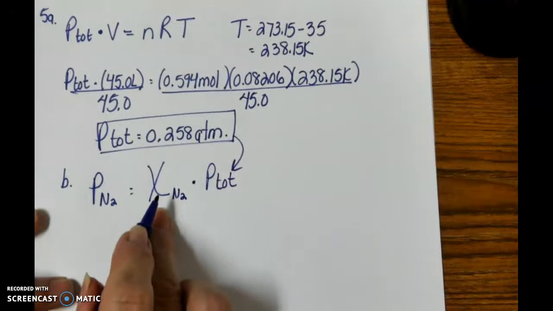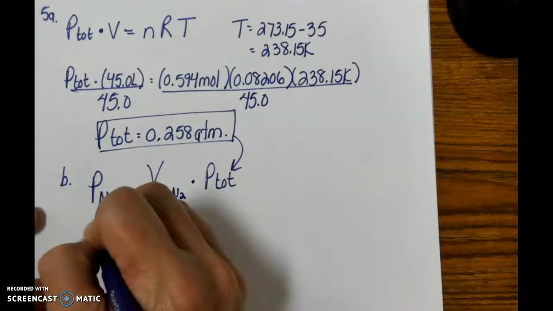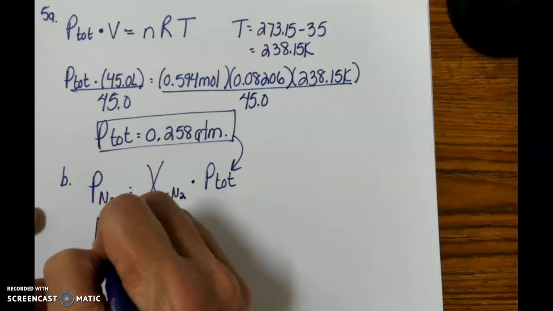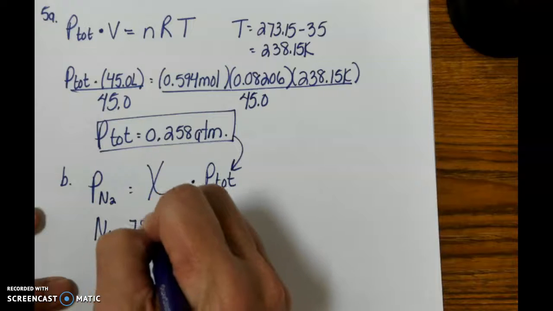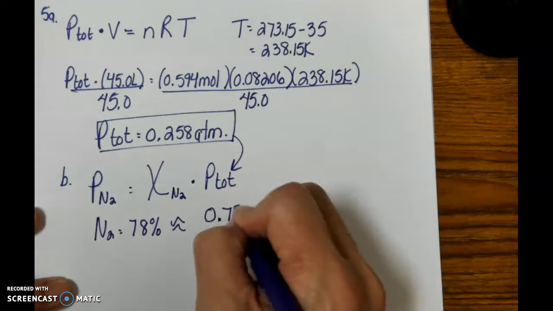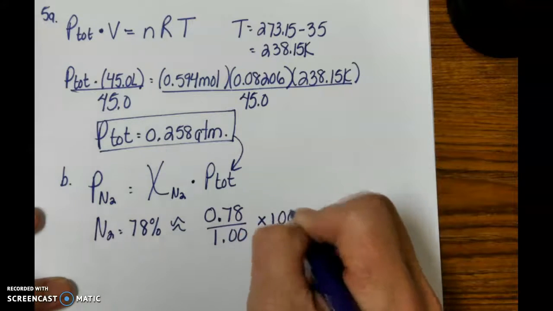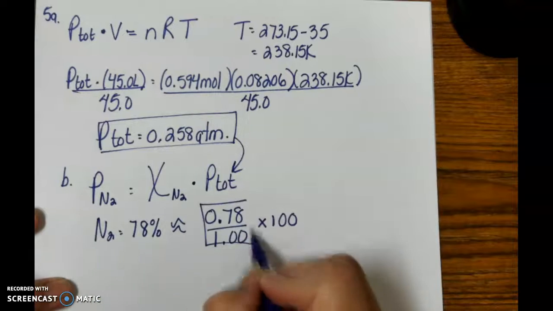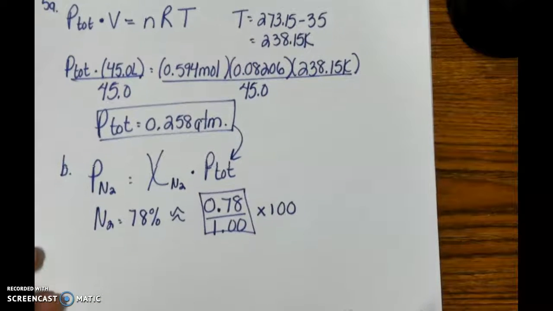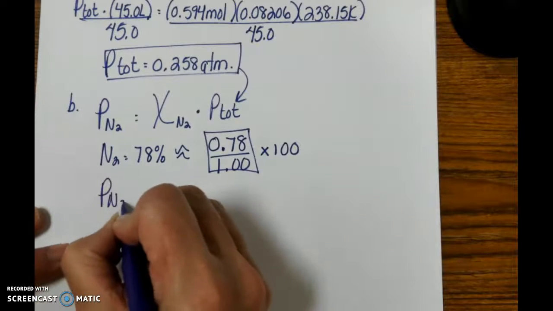What I need is sigma. Now, when I say that the gas N2 is 78% of the mixture, what I'm basically saying is it's 0.78 out of 1, because times the 100 gives me my percent. That is my mole fraction.